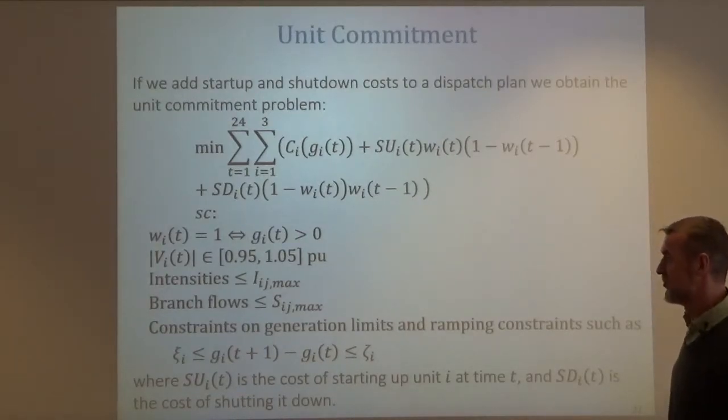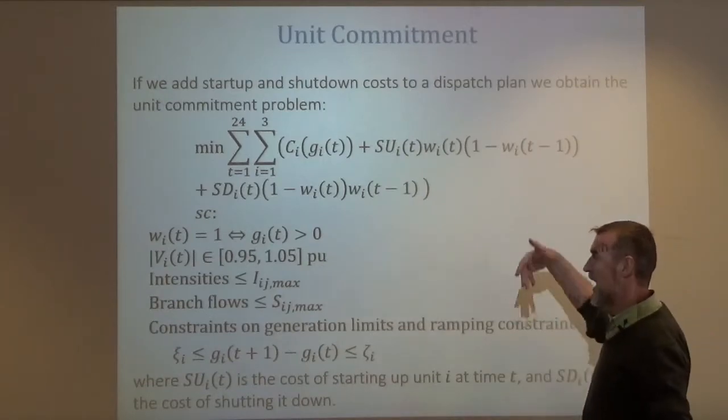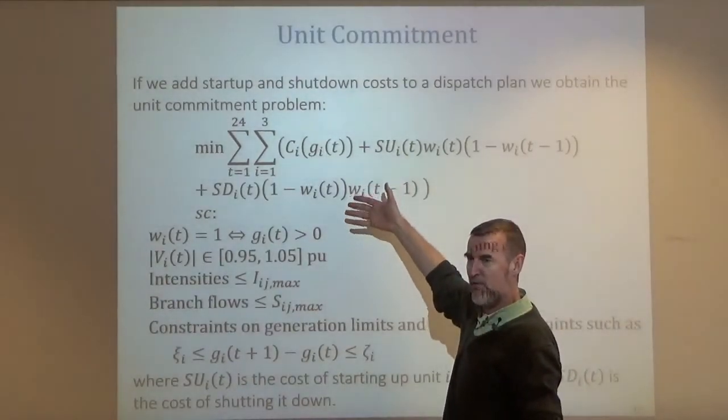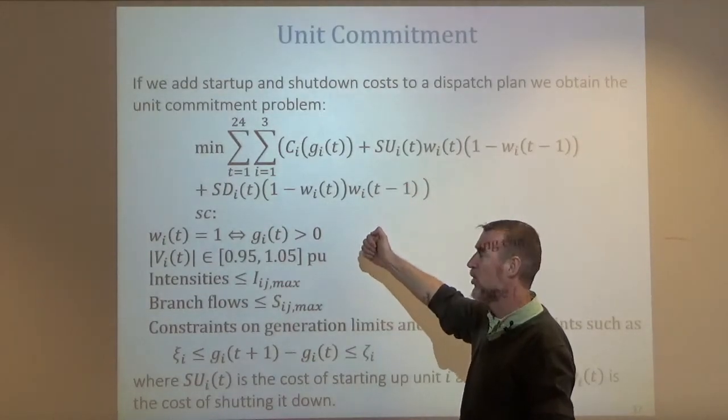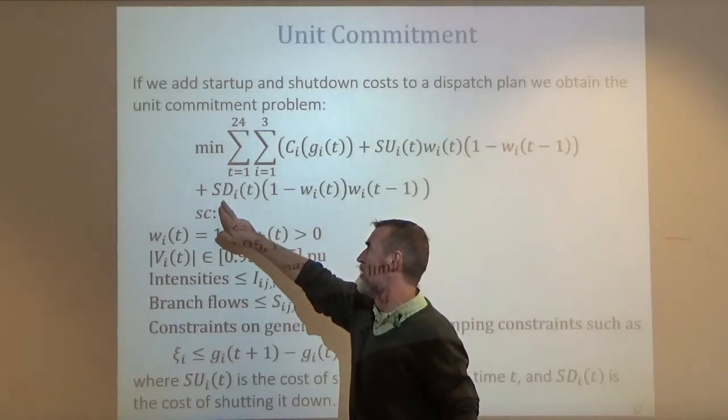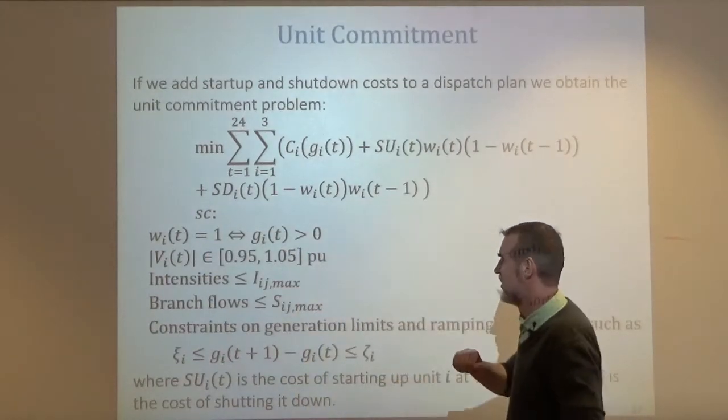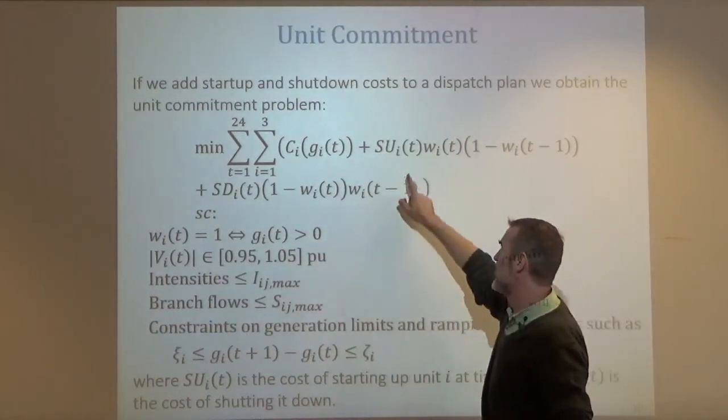So the unit commitment problem is a problem where we add to the power flow problem a discrete element, as I mentioned an hour ago, which incorporates the startup or the shutdown costs of generators.